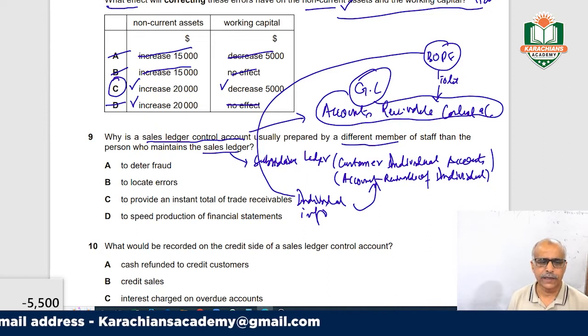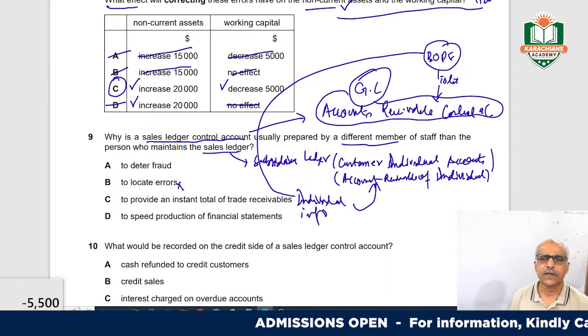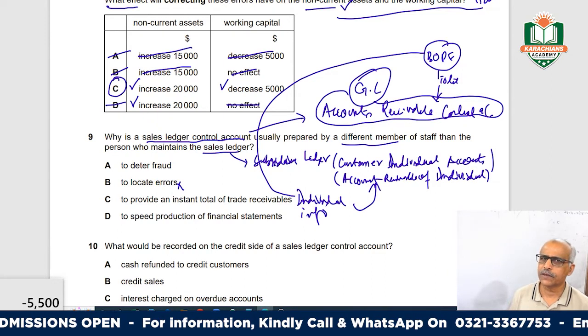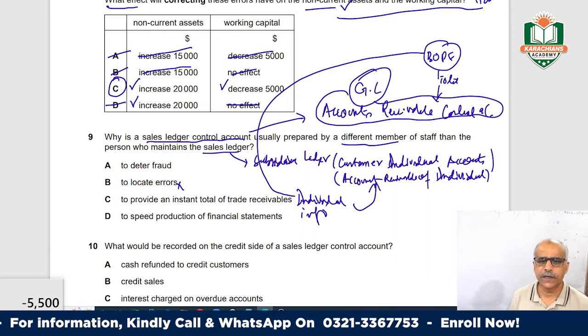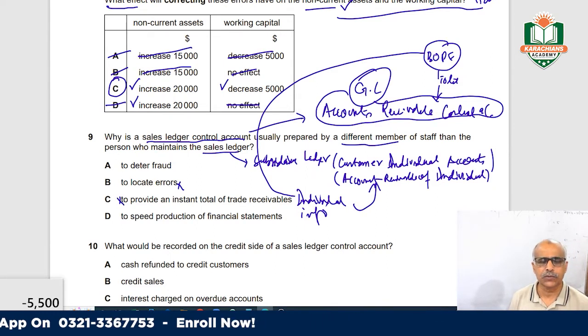To locate errors could also be one of the reasons, but it is not the main reason. To provide an instant total of trade receivables, yes, it does, but sometimes it does not match the individual subsidiary ledgers. It is a part, but not the purpose.